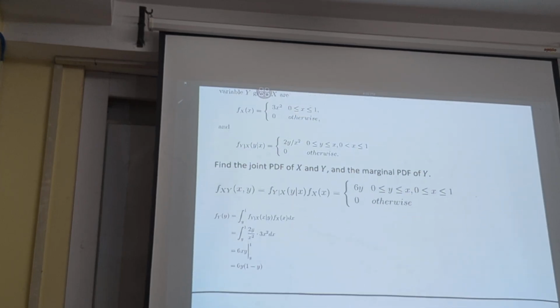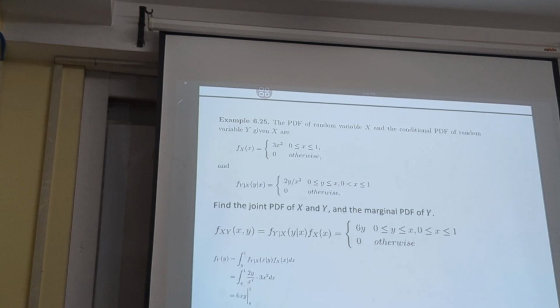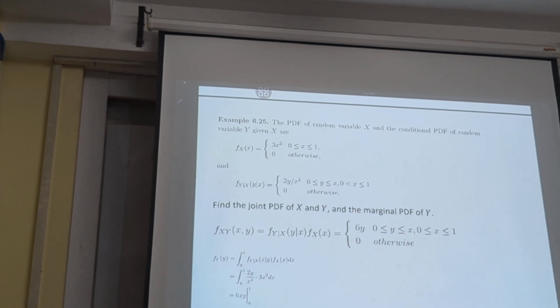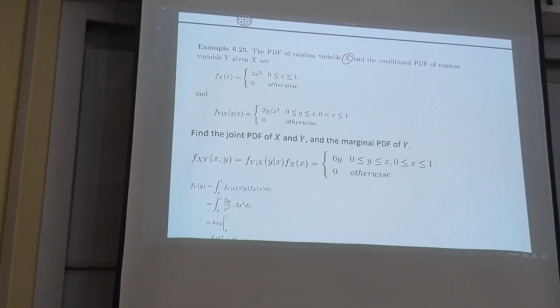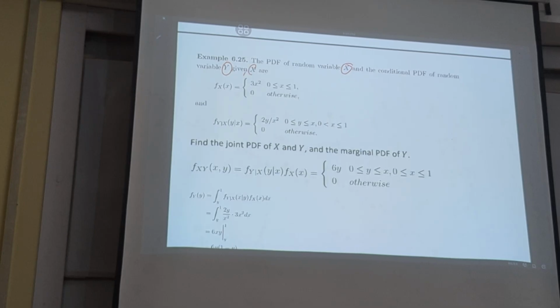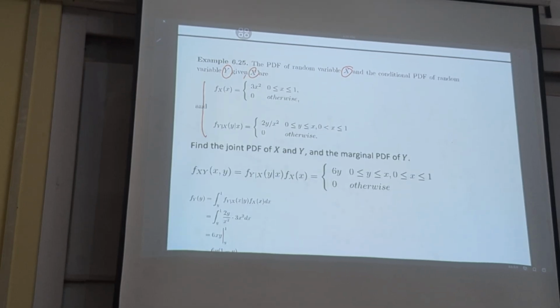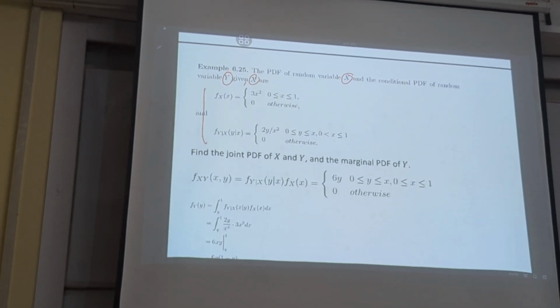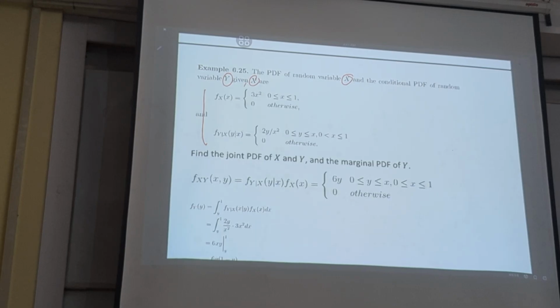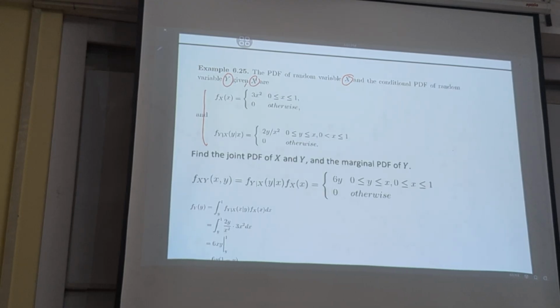Okay, this one. Can we solve this? The PDF of random variable x and y given x are given. Can we find the joint PDF? Of course, by multiplying. Can we find the marginal PDF of y? Of course, by integrating the product with respect to x from y to 1.